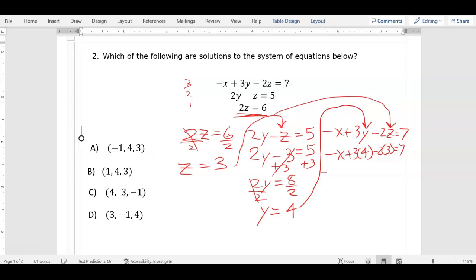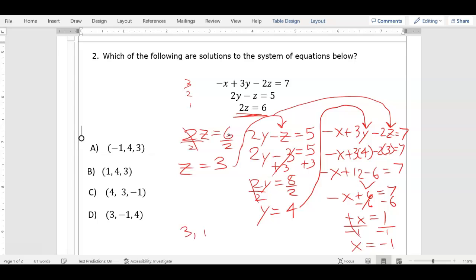Let's multiply those. 3 times 4 is 12. Minus 2 times 3 is negative 6. Combine like terms, so negative x plus 6 equals 7. And then subtract 6. And I get negative x equals 7 minus 6, which is 1. 1 is not the answer. You cannot have a negative in front of x, so you divide by negative 1, and you get negative 1.